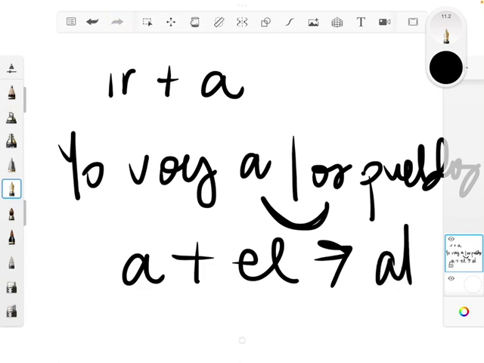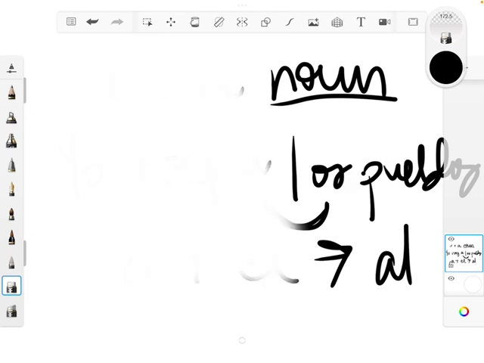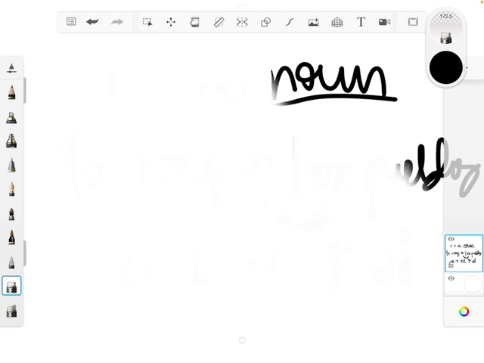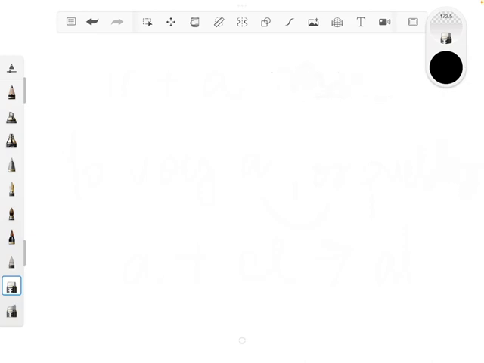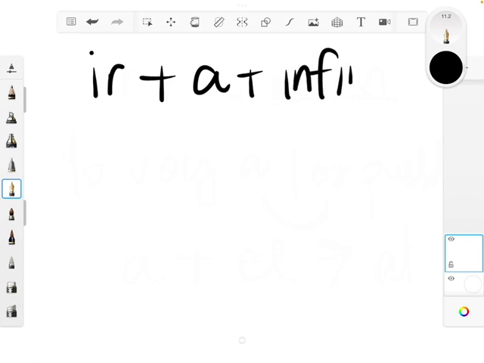All right. So that's when we're talking about nouns. So I go to the noun, and we have a noun here. That's what we're talking about. We're also going to have another construction, which is going to be ir plus a plus infinitive, where you express actions that are going to happen in the future.